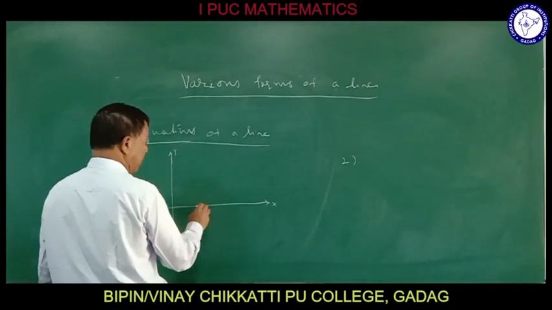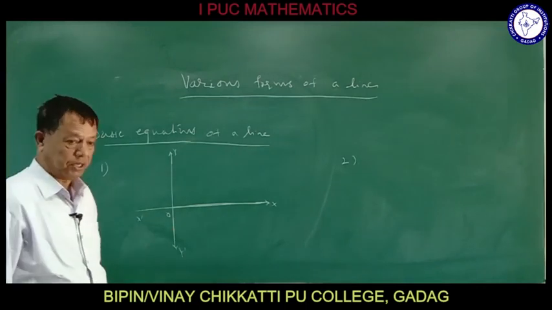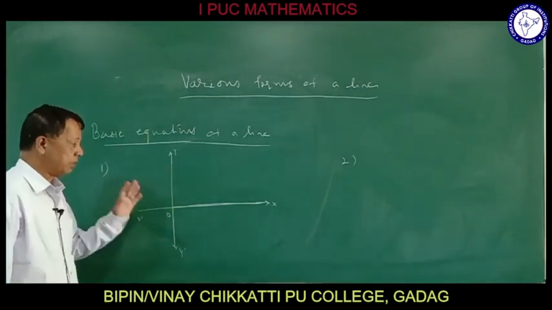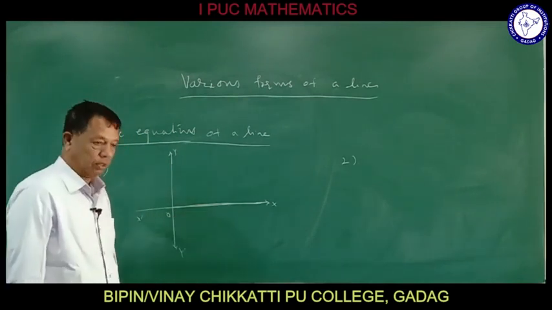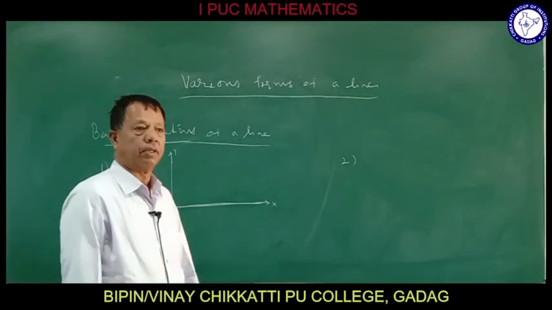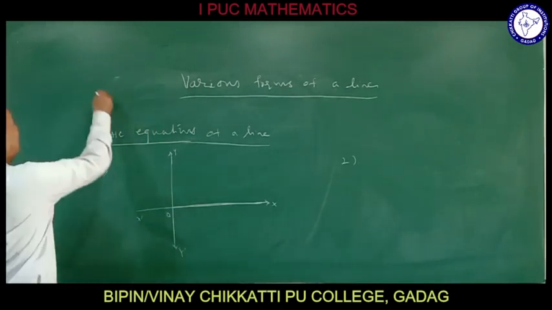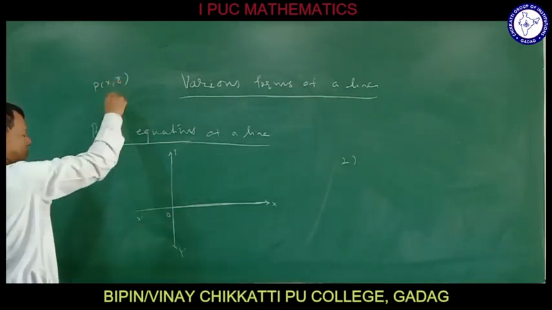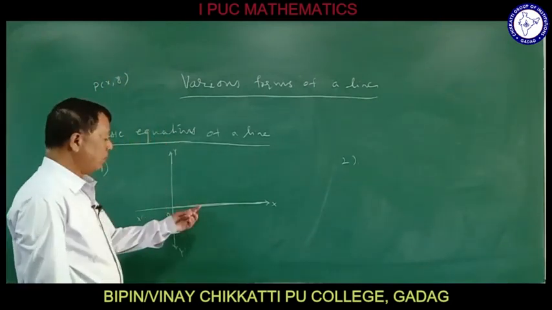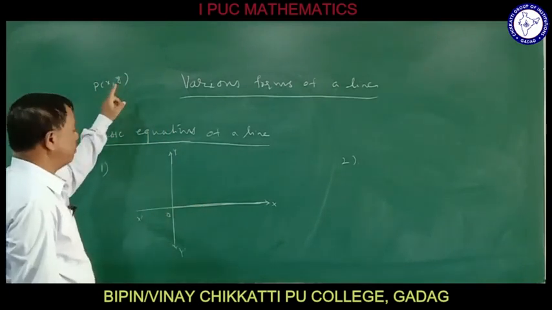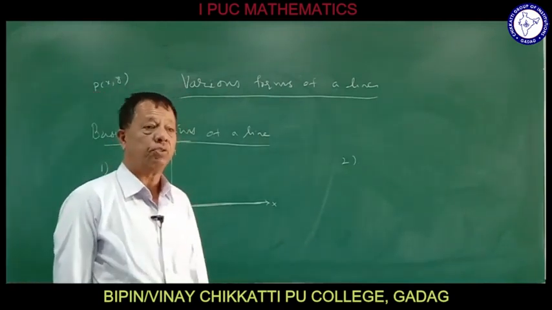Now I want to tell what is the equation of the x-axis, and what is the equation of the y-axis. First, what is the equation of the x-axis? It is nothing but the locus of a point P. Locus of a point means the point which moves according to geometrical conditions. So it is the locus of a point which moves such that the y coordinate is always 0.